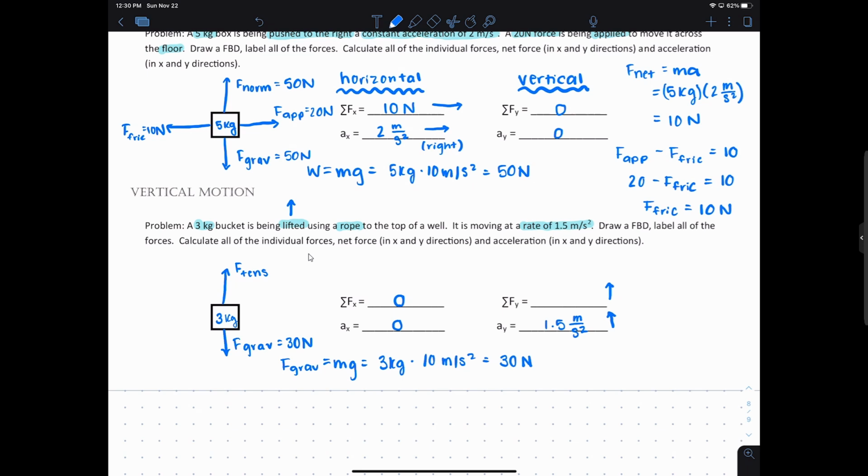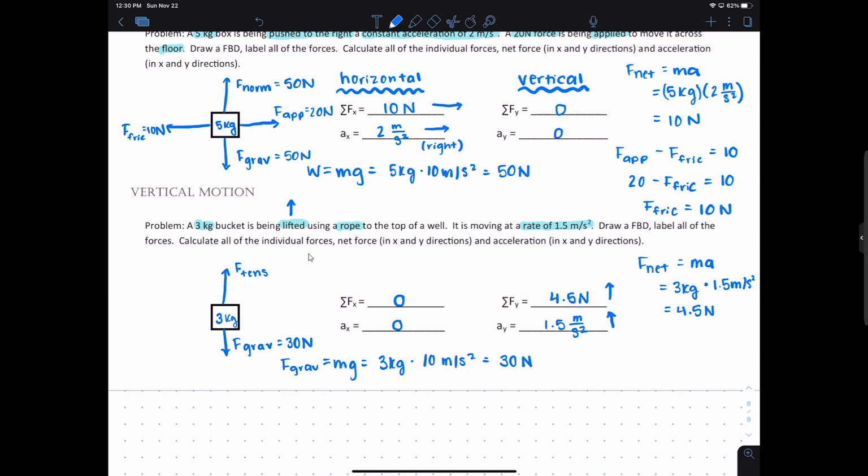So our net force is going to be equal to m times a. Our mass is 3 kilograms. The acceleration is 1.5 meters per second squared. This is going to be 4.5 newtons. We already know that it's upwards. All right, so now we've got to figure out the force of tension.